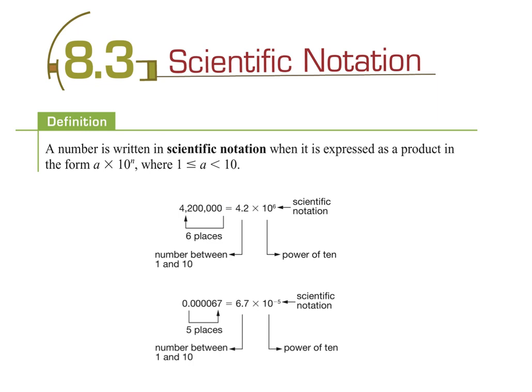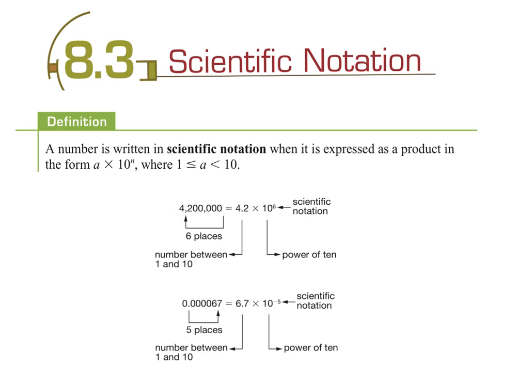And that's going to become important when we start putting these in scientific notation. Hopefully you have done scientific notation, and a lot of this will be review. So let's say we have this big old number here, and we want to put it in scientific notation. We have to first figure out where the decimal would go to make this fit between 1 and 10. Well, if we put the decimal here, it's going to be 4.2. Whatever's going to make this between 1 and 10, we're going to put the decimal right here.